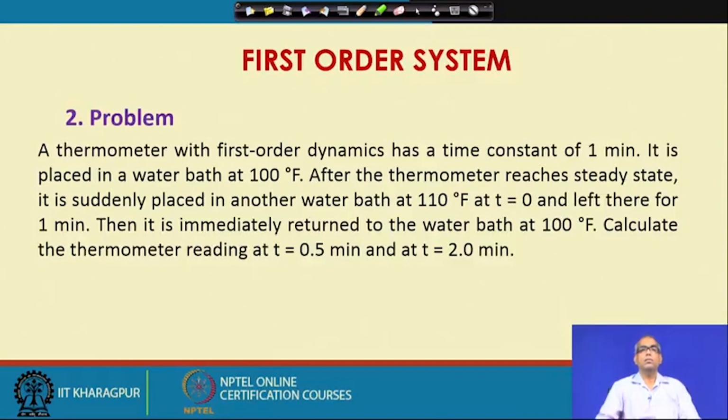So, try to understand the problem. You have a thermometer which is a first order instrument. So, the thermometer was showing a temperature of 100 degree Fahrenheit. It has a time constant of 1 minute. So, it was steady at 100 degree Fahrenheit. Now, suddenly, and I call that time as time t equal to 0, suddenly the thermometer is put to a water bath with 110 degree Fahrenheit temperature.